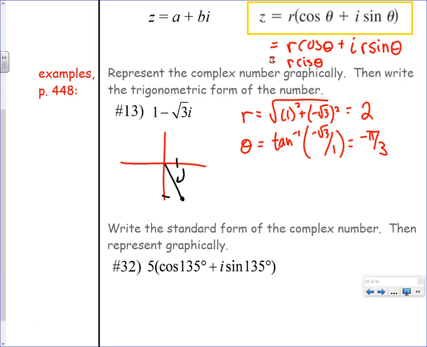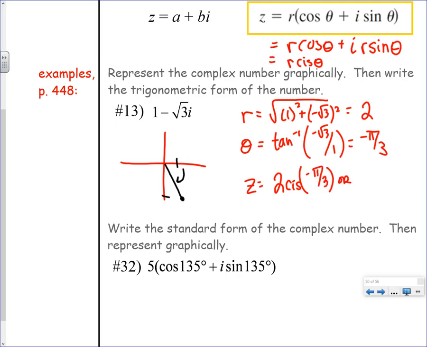If you want to write it the lazy way, you could go ahead and say z is equal to 2 cis negative pi over 3. You could also write it the positive way if you really like, couldn't you? Couldn't you write it positive 5 pi over 3? That took me way too long, I apologize.